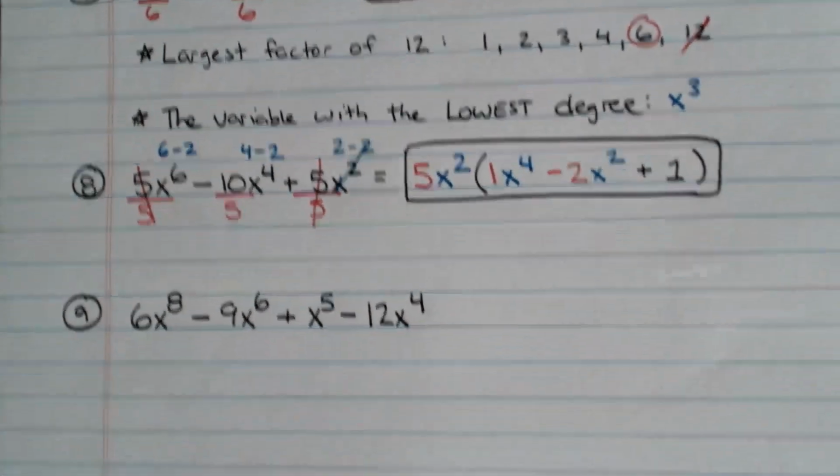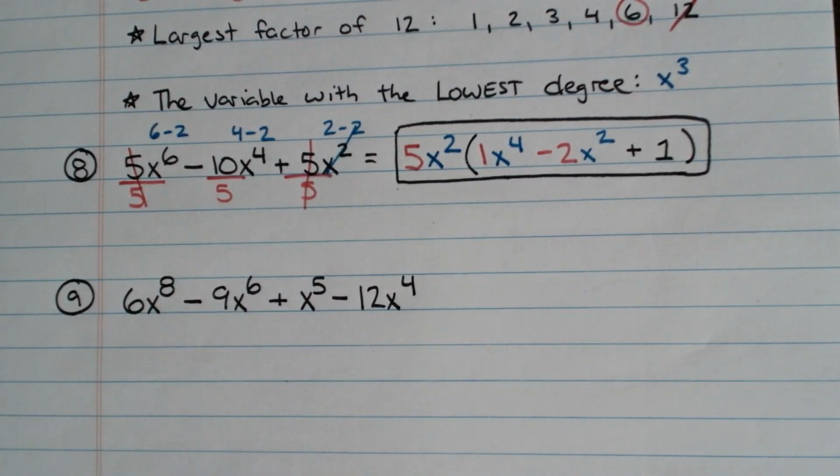Look at those 4 beautiful terms. 6x to the 8th minus 9x to the 6th plus x to the 5th minus 12x to the 4th. So for my coefficients, is there a GCF?